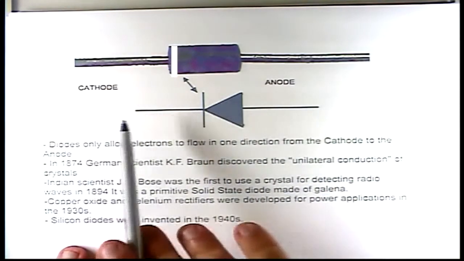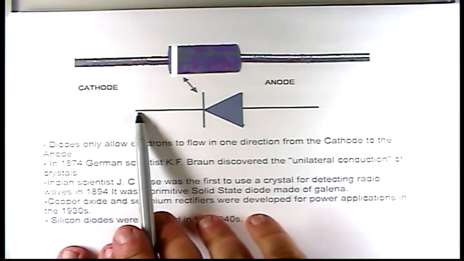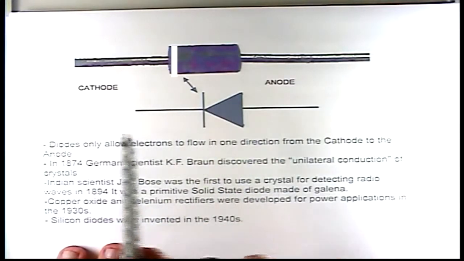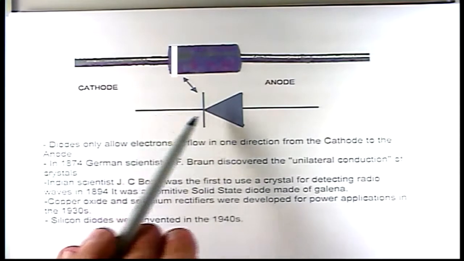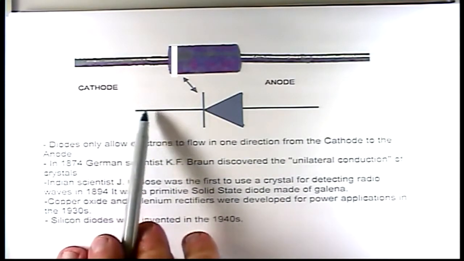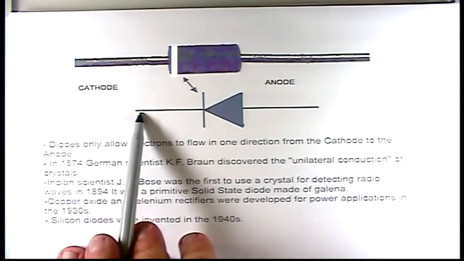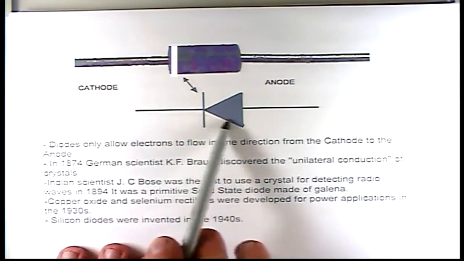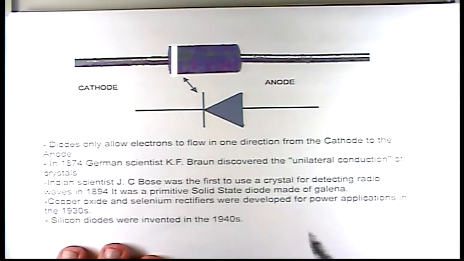The current's only going to flow this direction, from the cathode to the anode. So when the current flows this way, it's causing a vacuum over here, making this positive if you're making a power supply, because electrons are being pulled in this direction. Diodes only allow electrons to flow in one direction, from the cathode to the anode.